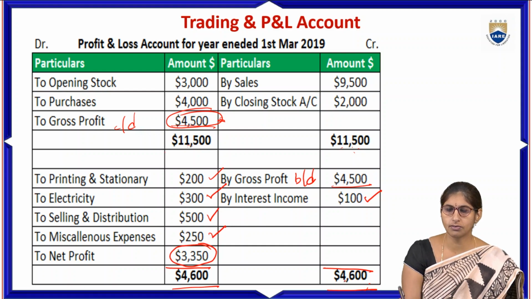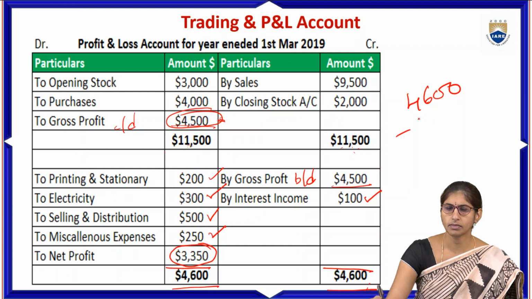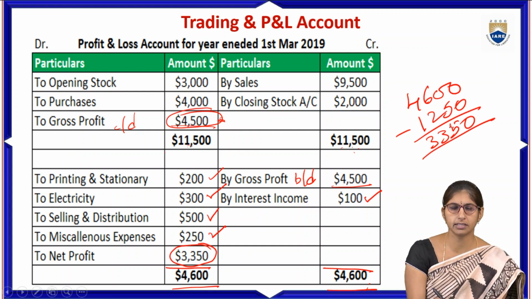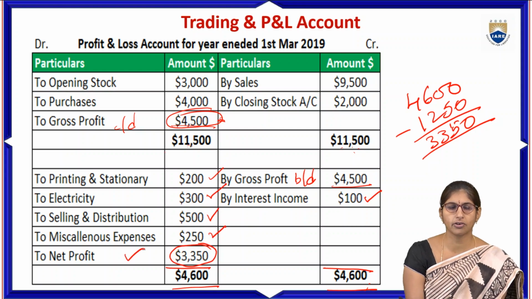So 4,600 minus this 1,250 will get us 3,350. So this 3,350 is the amount which is short here on the debit side, that we call the gross profit. So the gross profit is 3,350.